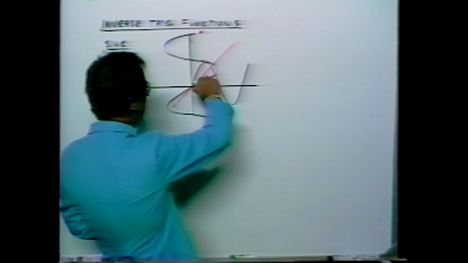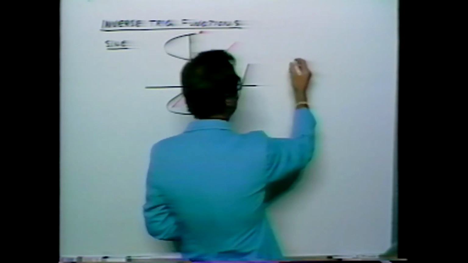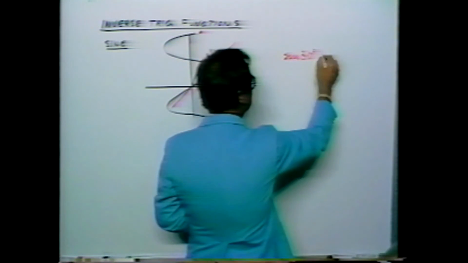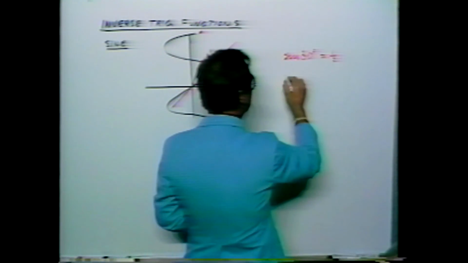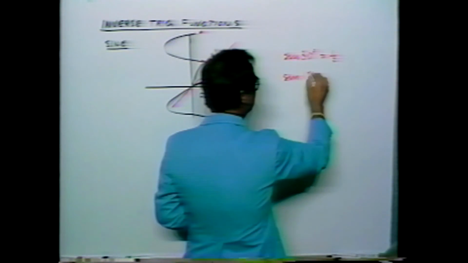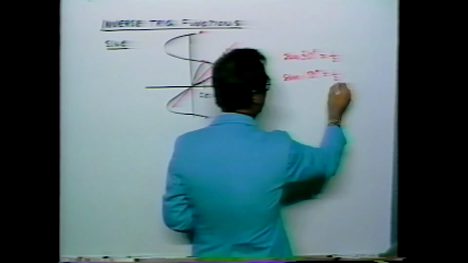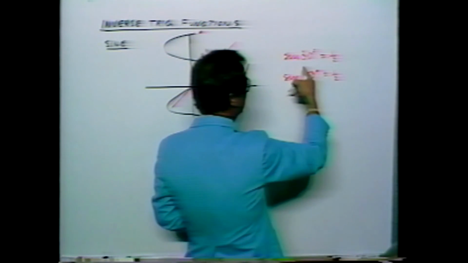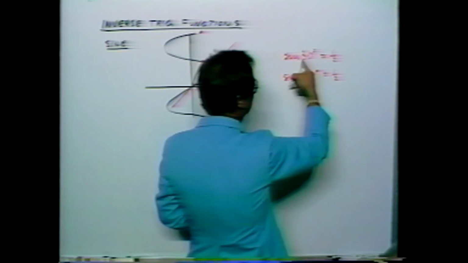And so in the positive direction, you'll see that sine 30 degrees equals 1/2, sine 150 degrees equals 1/2, making complete revolutions of the angle in the Cartesian plane.